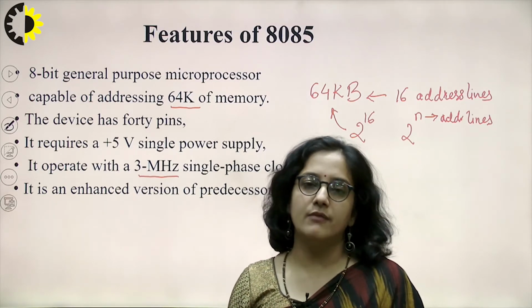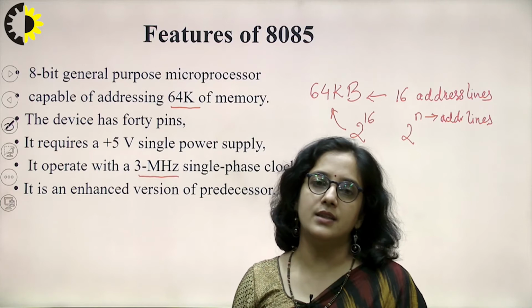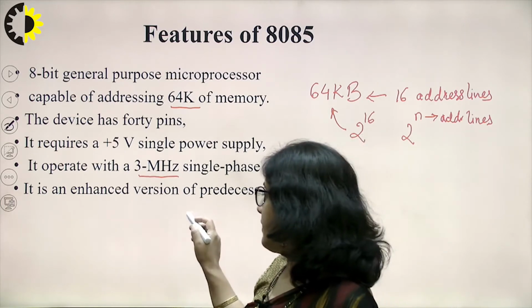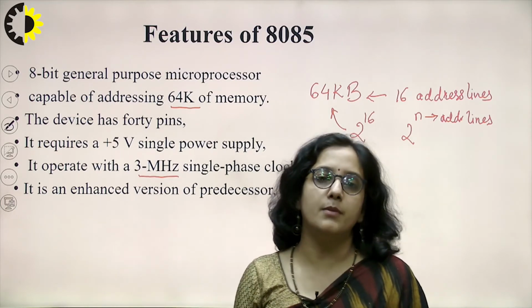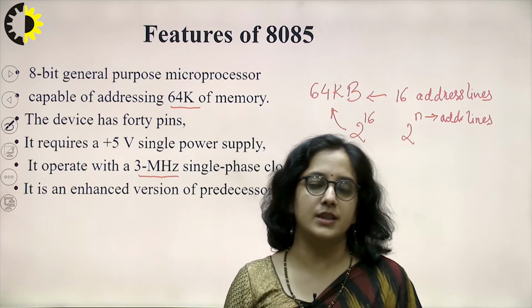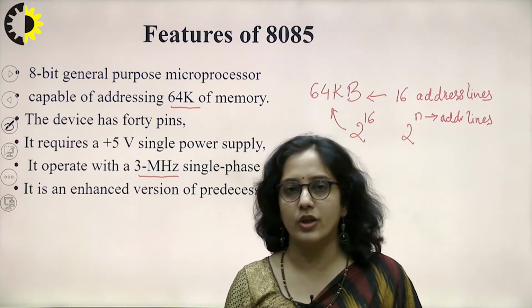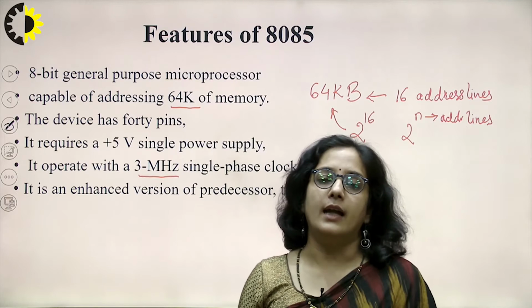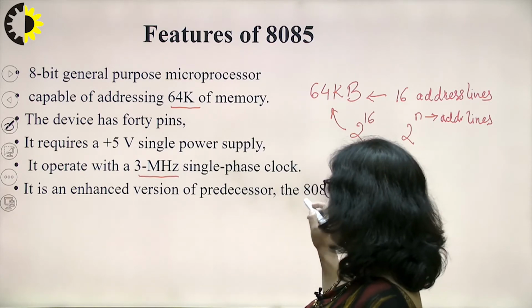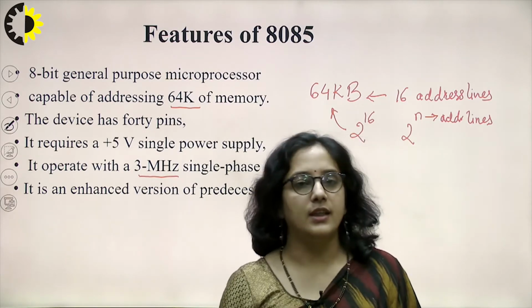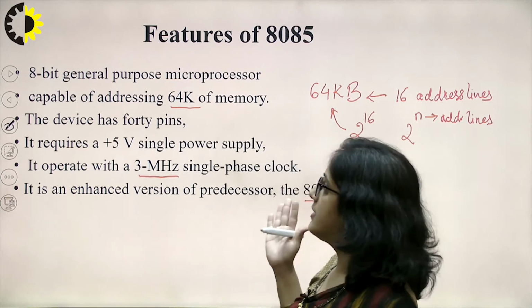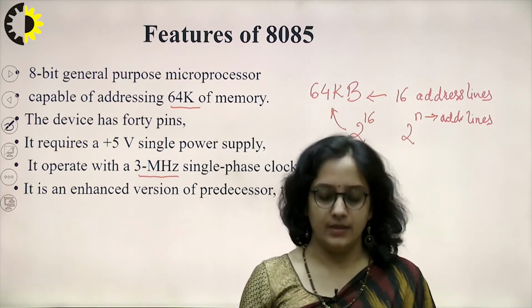Here we can say that the speed is 1 by 3 megahertz, or 1 by 3 microsecond, which is the processing speed of an 8085 microprocessor. It is an advanced version of 8080A, which is again an 8-bit microprocessor, but this 8085 has some extra features.